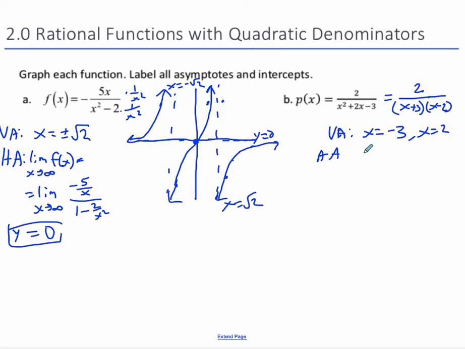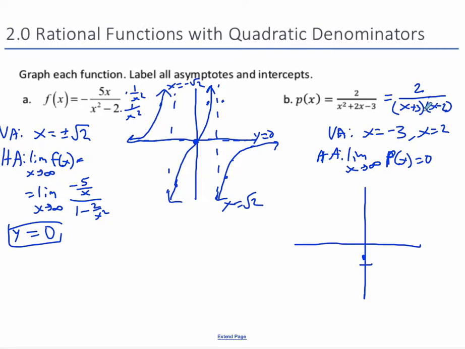Horizontal asymptote is going to be 0, because the limit as x goes to infinity of the function is 0. Okay, since the denominator gets really, really large, the whole function gets closer to 0. And we've got that. We can plug in 0 to get the y-intercept. Plug in x equals 0, we get the y-intercept is negative 2/3. So there's the y-intercept.